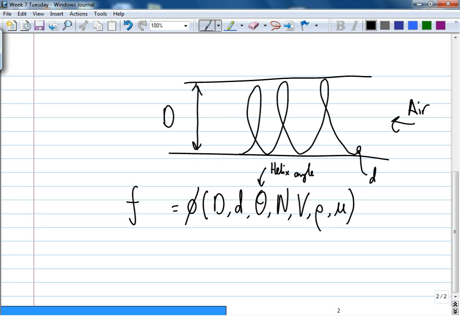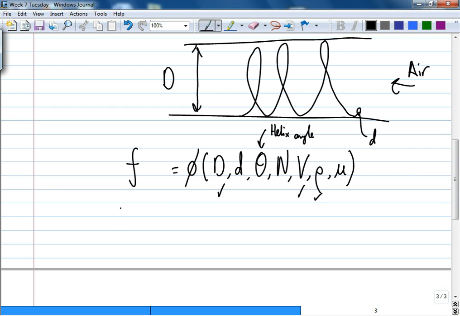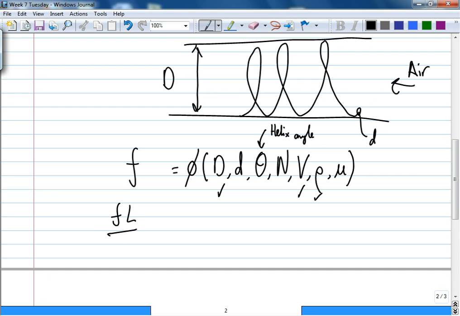Normally, if you look at it like this, our usual suspects are rho, V, D as the repeating variables. I'm going fast now because I've already done it. If you do what we did last time, you will get f L over V, your Strouhal number.